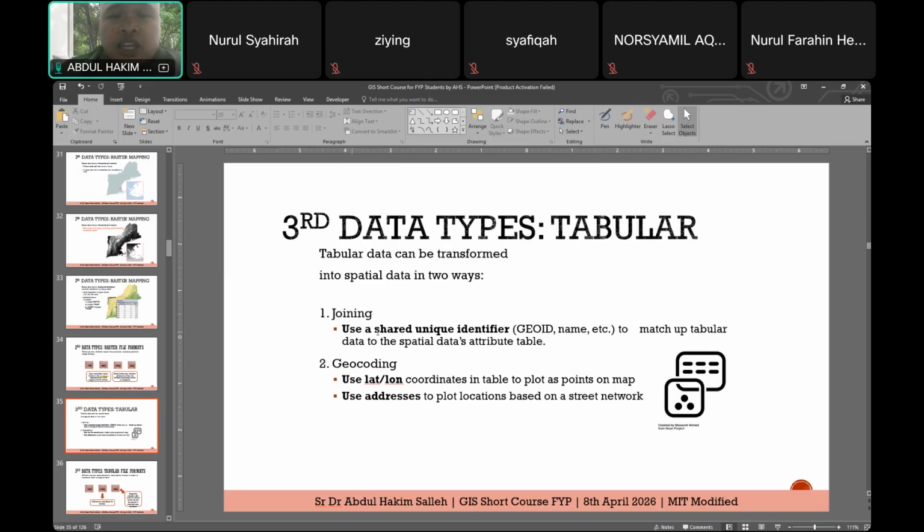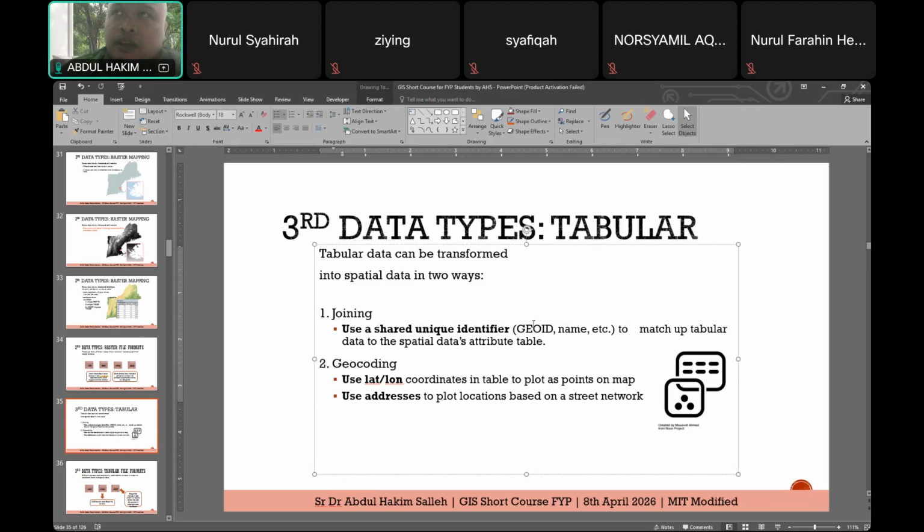Now, it can use a shared unit unique identifier, like the unique ID. From one table to another, they can be connected using a unique ID.